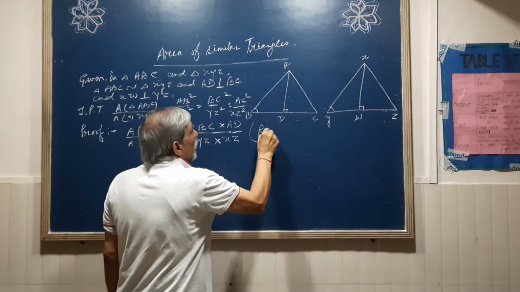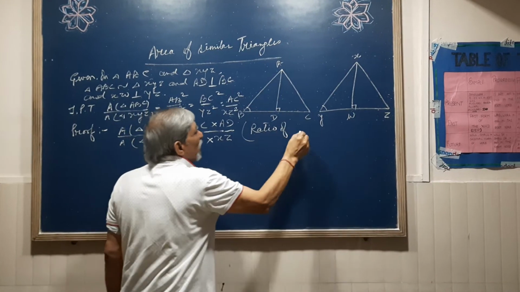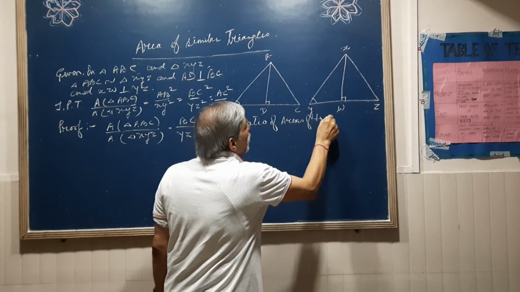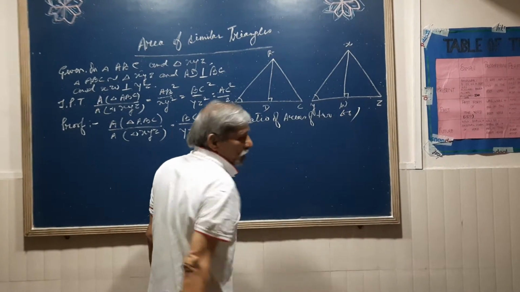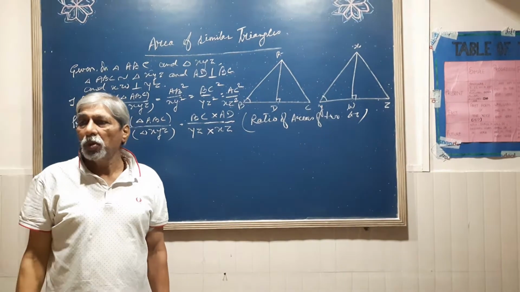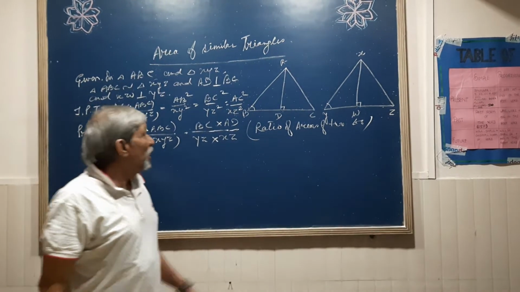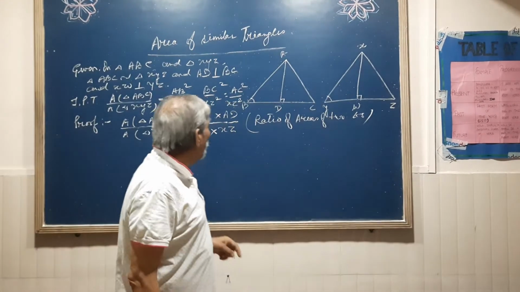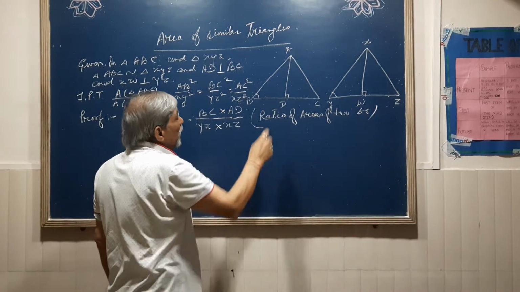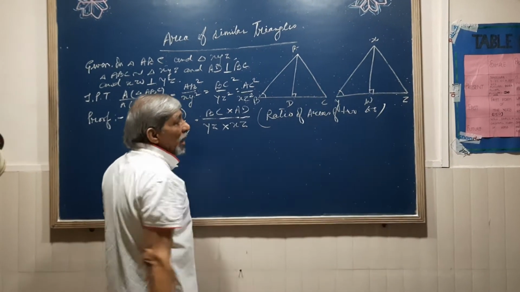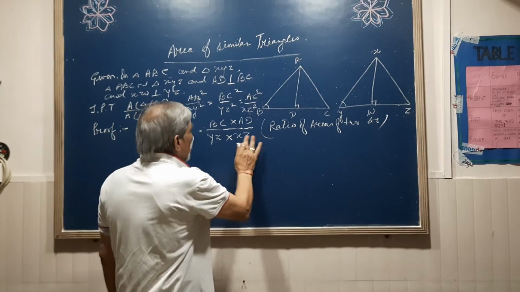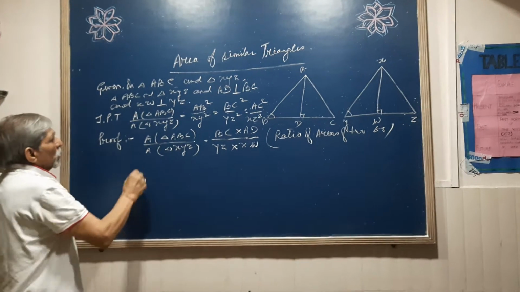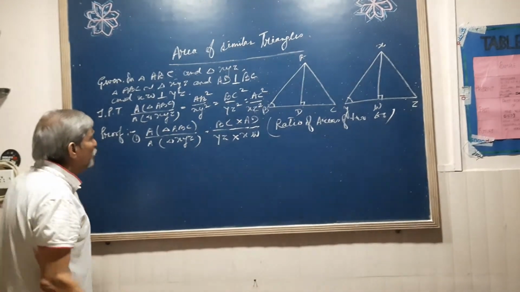That is the ratio of areas of two triangles, as we know the property of the areas of two triangles. So you will get area of triangle ABC upon area of triangle XYZ is equal to BC into AD upon YZ into XW. Then just write down, this is equation number 1.